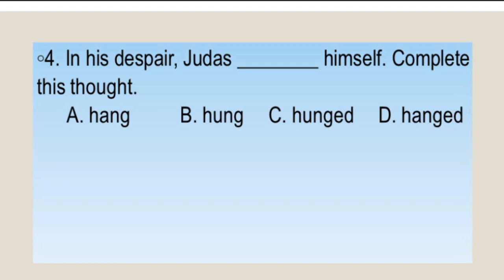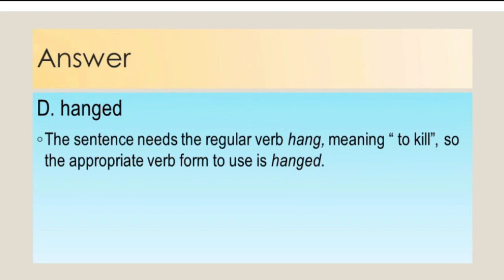You remember Judas? He killed himself by hanging himself on a tree. So therefore, the verb hang there is regular. Our answer should be D. So you see that sentence needs only the regular form of the verb hang.